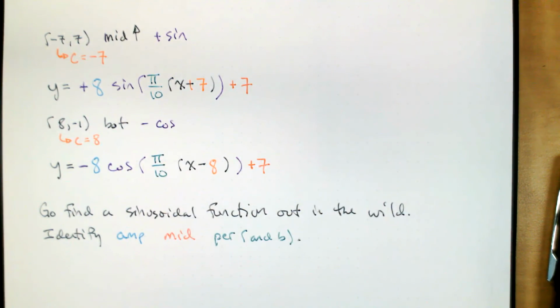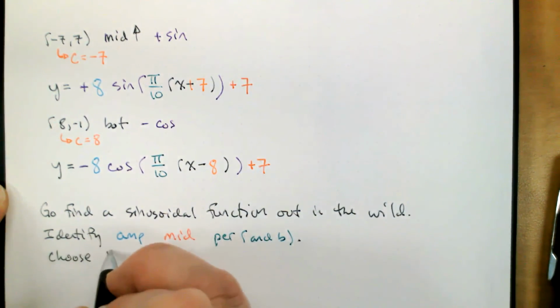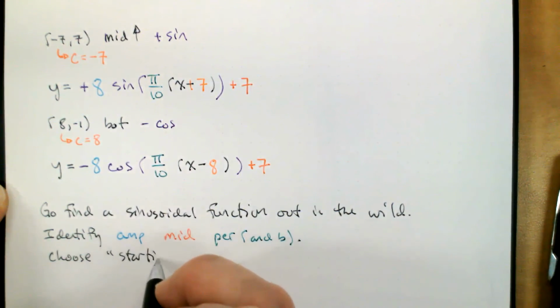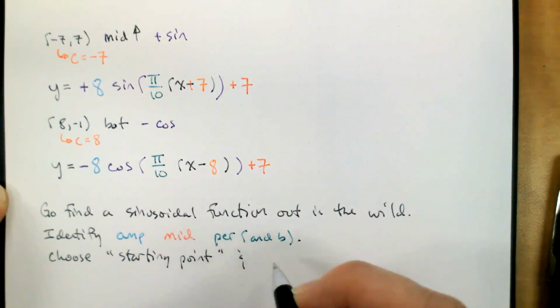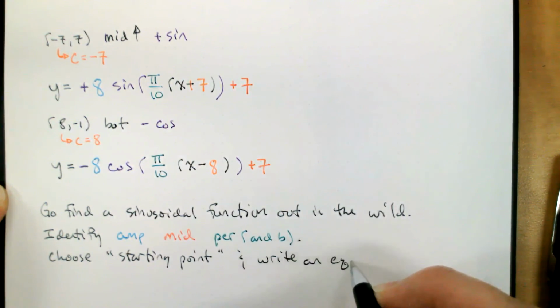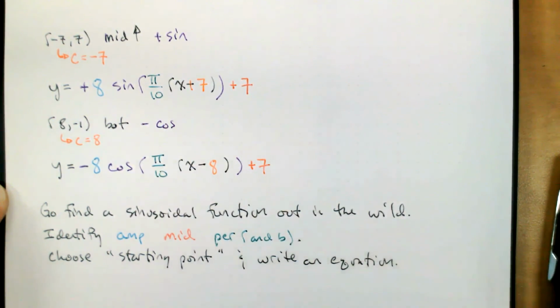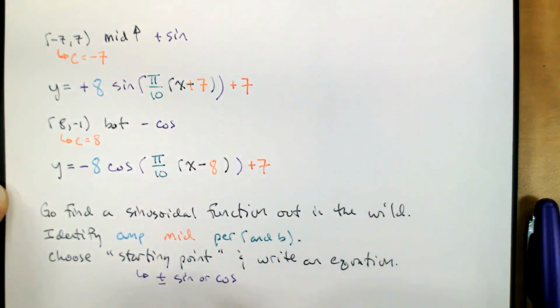Use that to fill in a bunch of points. Then choose a starting point. And write an equation. And remember, from the starting point, you're going to get the plus or minus, sine or cosine, and also the horizontal shift.